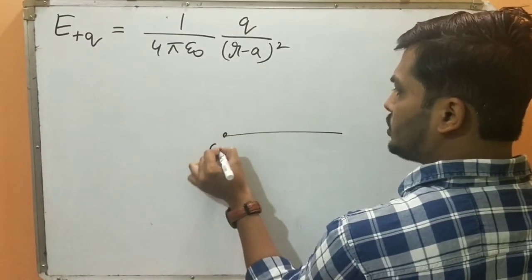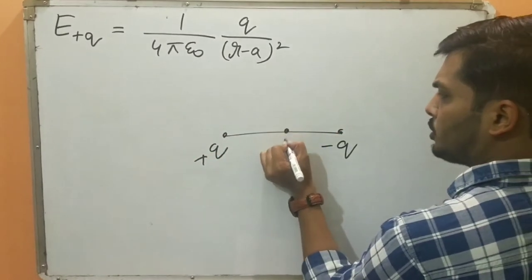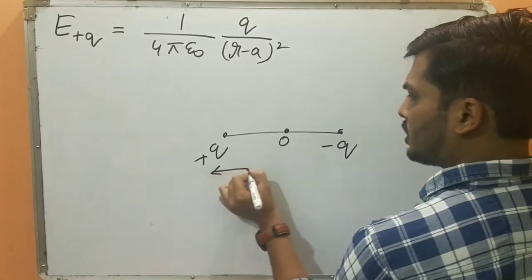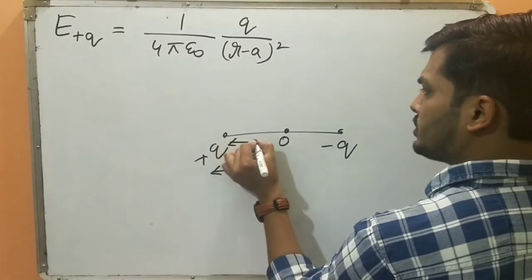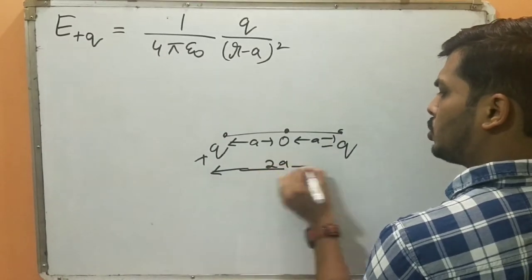So this was plus Q, and this was minus Q, and this was the dipole center O. This distance was A, this was also A, and the total distance was 2A.